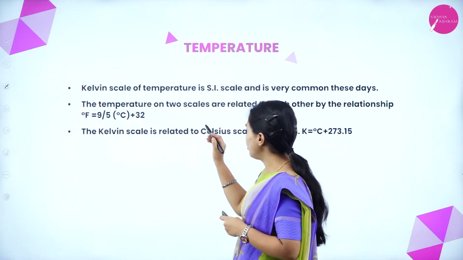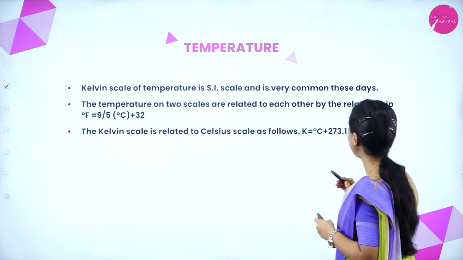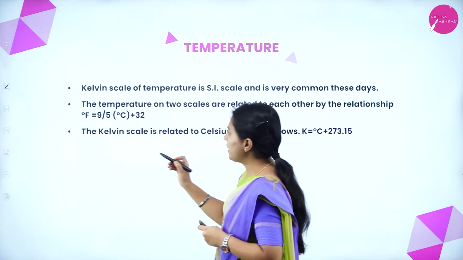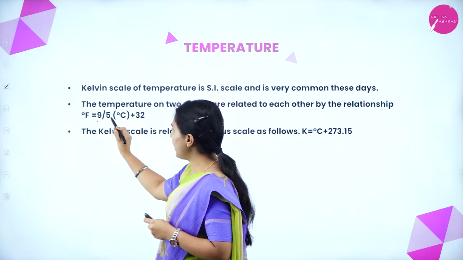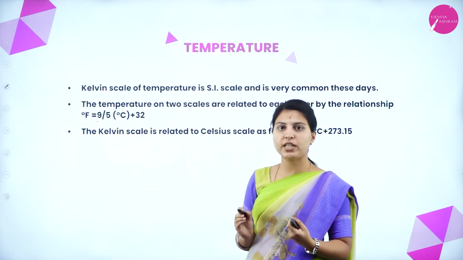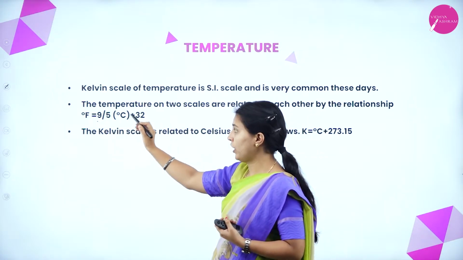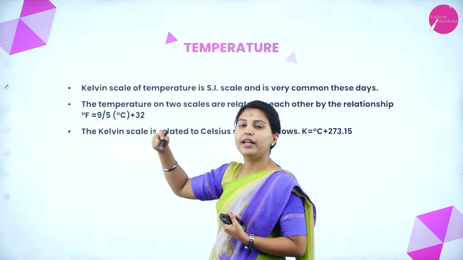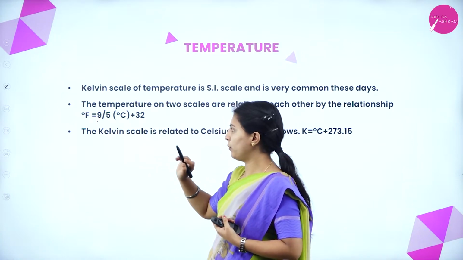The temperature on the 2 scales are related to each other by the relationship, that is degree Fahrenheit equals 9 by 5 degree Celsius plus 32. If you have a temperature in degree Celsius and you want to convert it to degree Fahrenheit, you can use this formula.